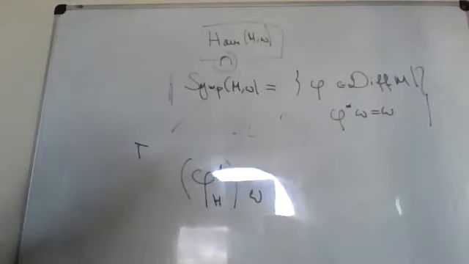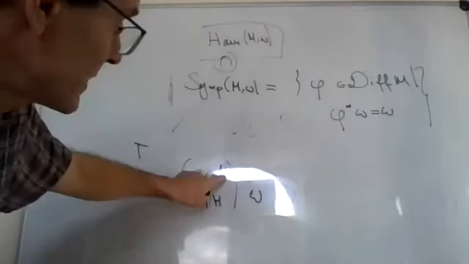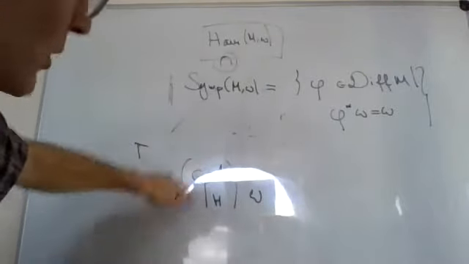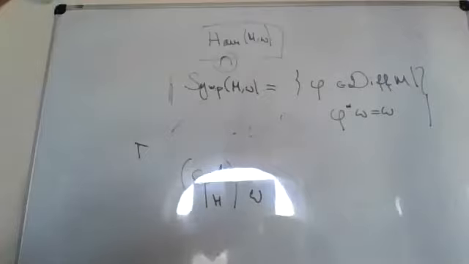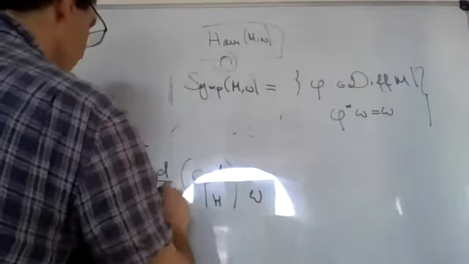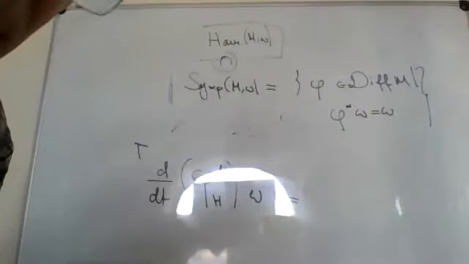Well, I will just prove that this quantity does not change in time, because for t equal to 0, this is the time 0 flow map, so it's the identity. So it is omega, and I must check that the derivative is 0, right?